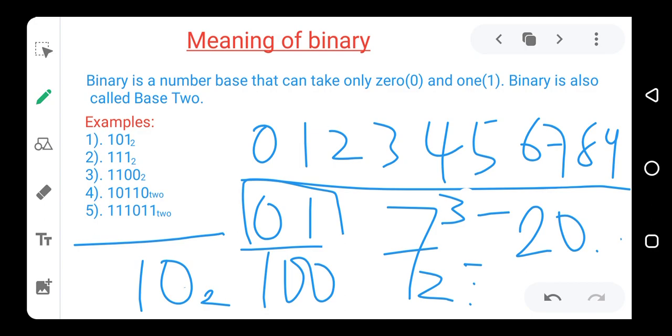But if you put 2, it becomes 100 in base 2. So to show base 2 and to make it different from other bases, you must always put 2 in words or in figures to the number that you are writing in base 2 or in binary.